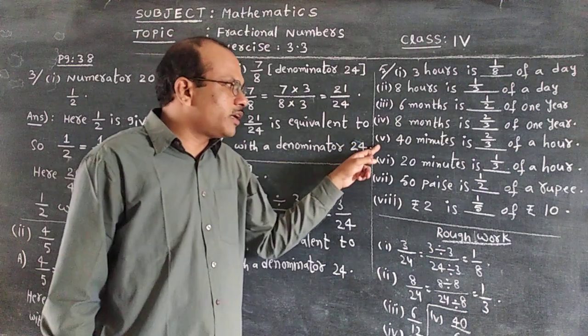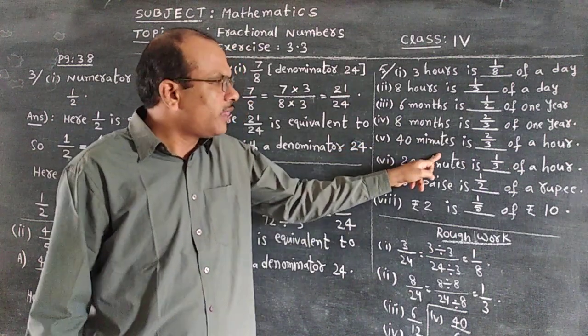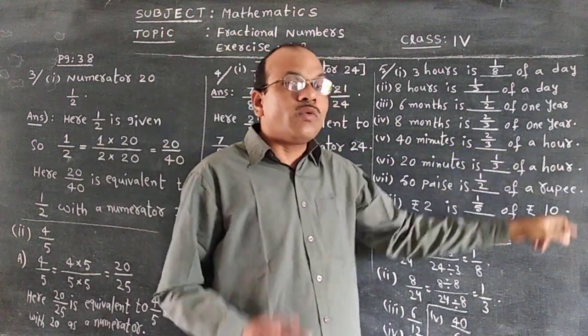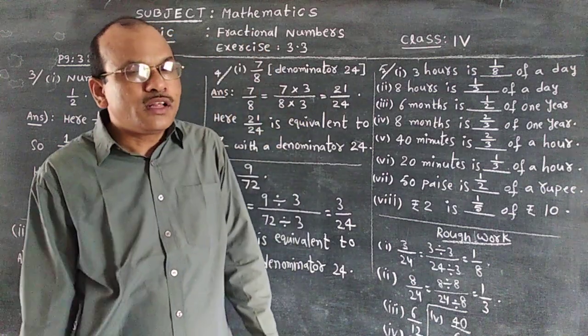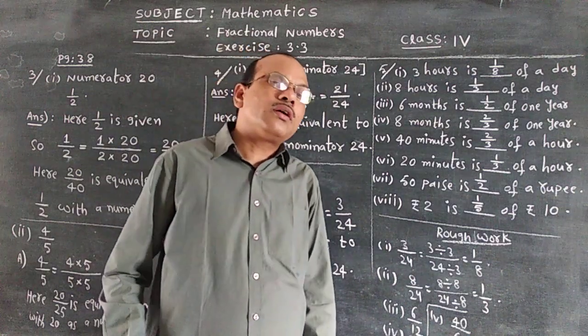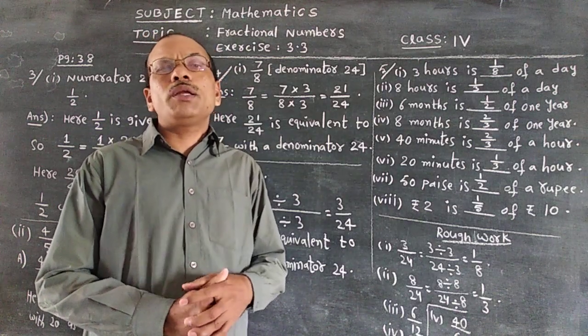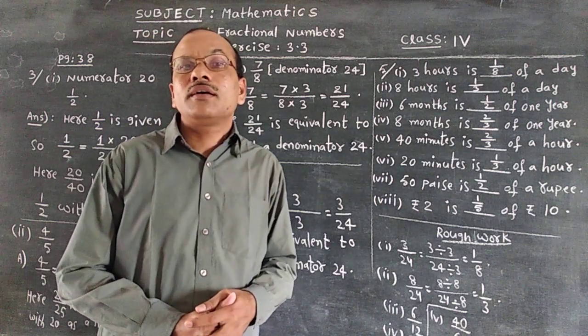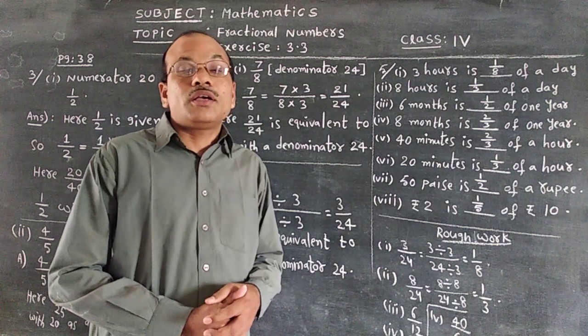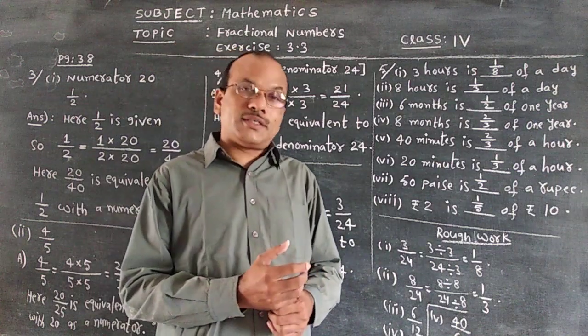Now about the fifth one: 40 minutes and an hour. An hour means 1 hour. Do you know how many minutes there are in 1 hour? Yes, in 1 hour there are 60 minutes.